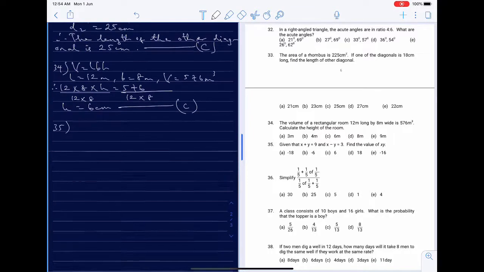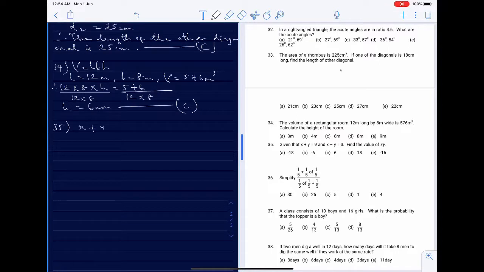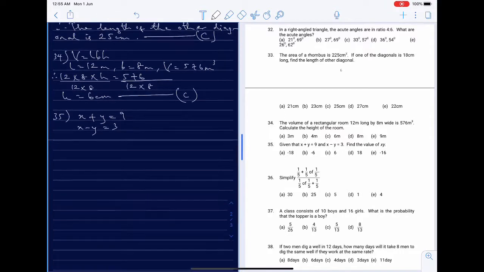Given that x plus y equals 9 and x minus y equals 3, find the value of xy. So we need to solve for x and y first of all. Let me call this equation 1 and this equation 2. I'm using the elimination method and I want to eliminate x first. That means I'm going to subtract equation 2 from 1. x minus x is 0.